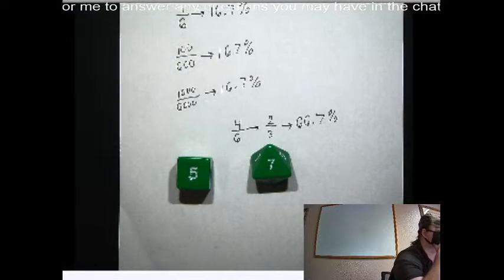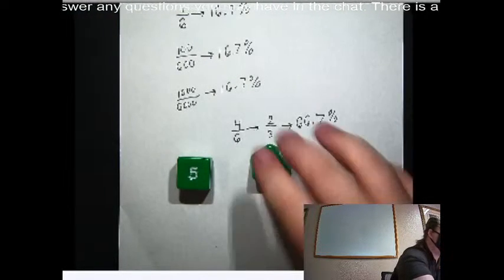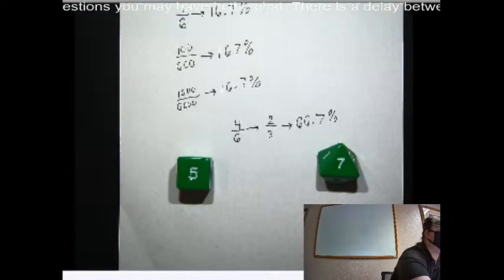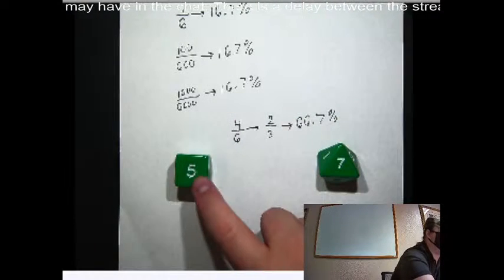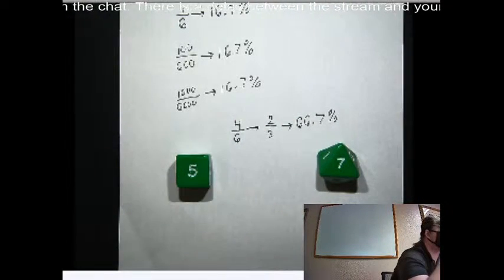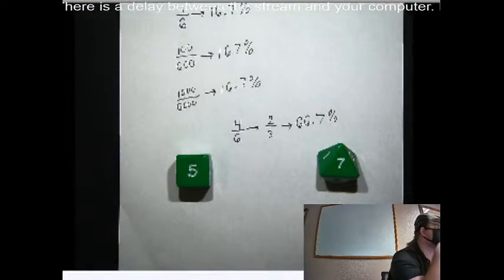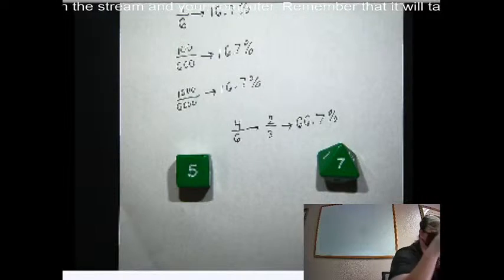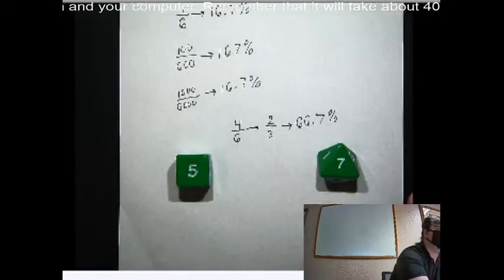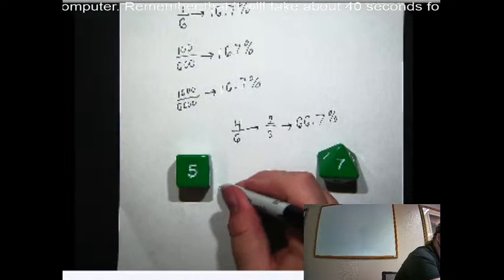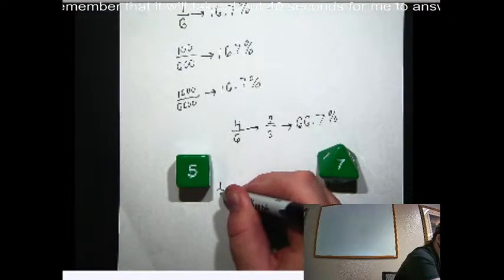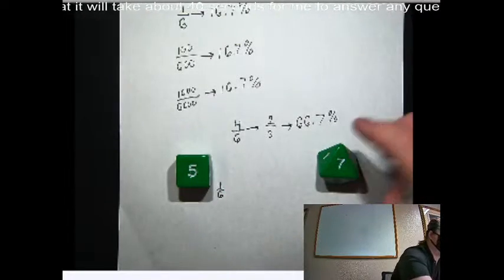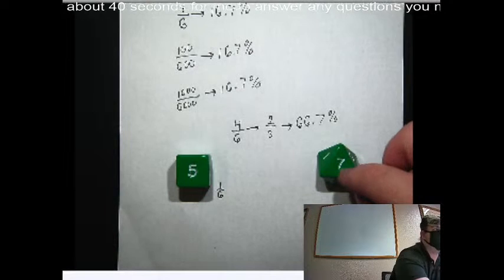What's the probability? Well, we know the probability for each of these separately, right? What's the probability of getting a 5 on this die? It's a what? 1 out of 6, yeah. There's 1 5 on this, and there's 6 possibilities. Okay, what's the probability of rolling a 7 on this die?